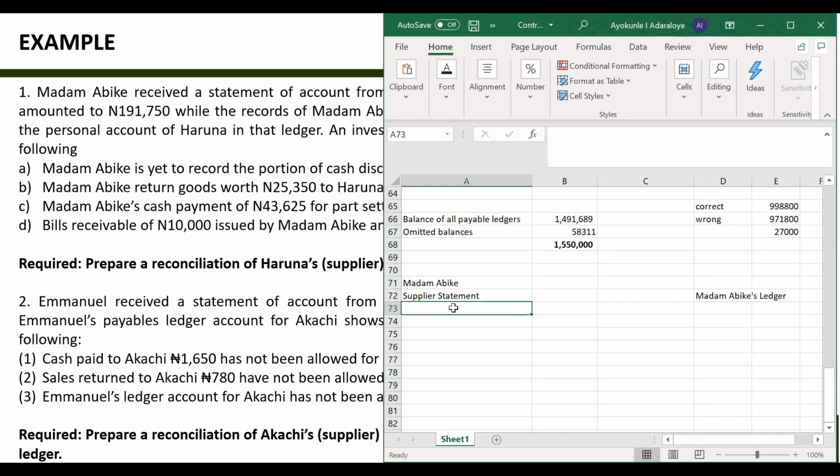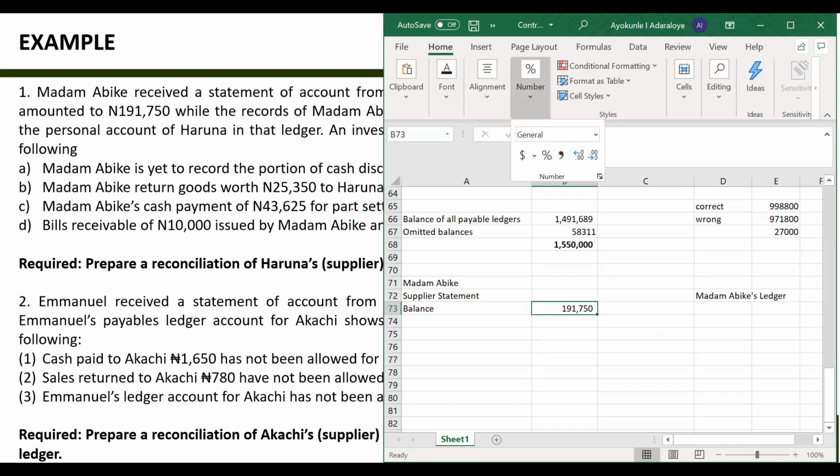It was the supplier that said so, so this will be the balance on the statement. Do you understand how I got the statement part, and why it is not Madam Abike's ledger?